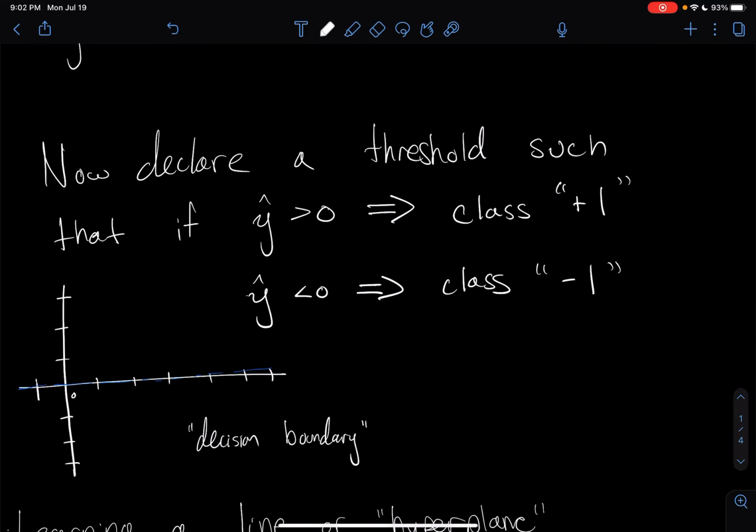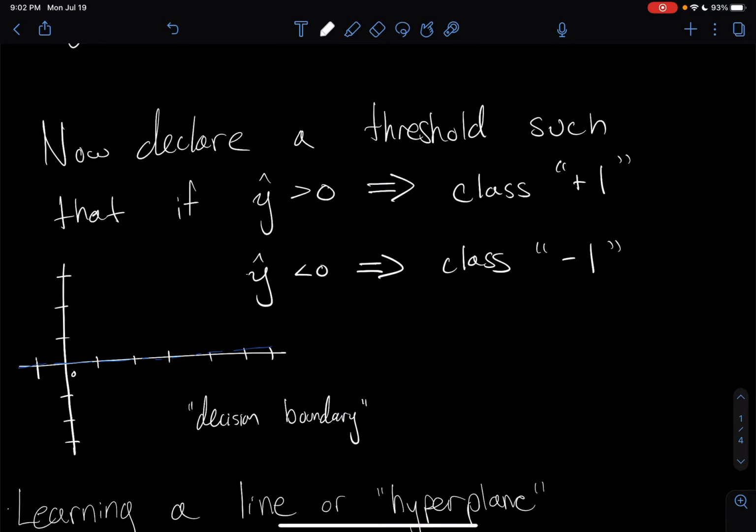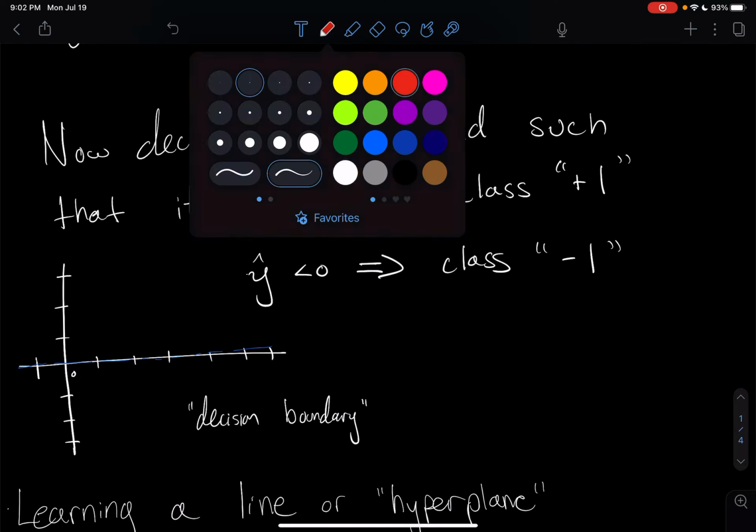Because we're defining this threshold that we can be above or below, we're actually creating a decision boundary, where if you fall above this decision boundary, your fate is determined to be the blue class, or below it, you can be the red class. So let's get a little bit of color on here.